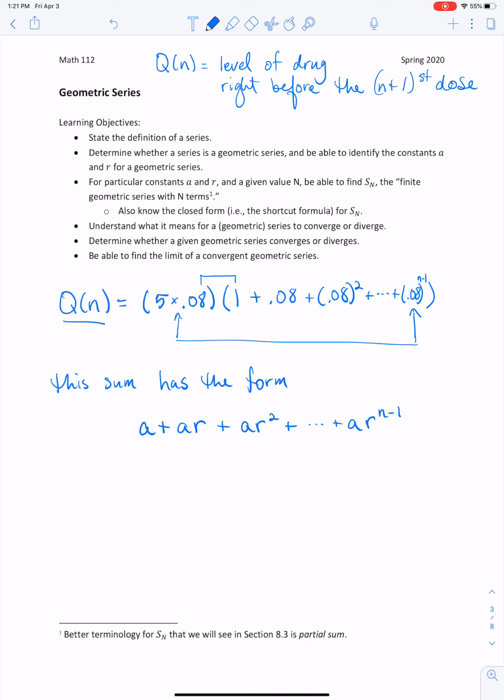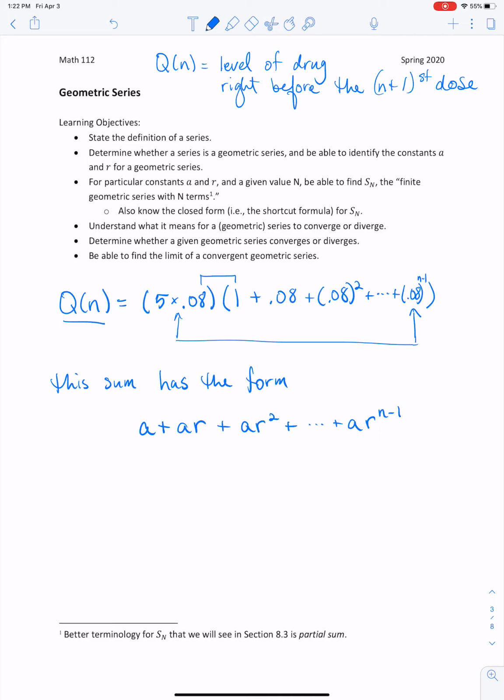And so here what you see is that there's some value, some number R that is being raised to a power in each of the terms that are being added. And then again, each of those terms being added has an A in it.